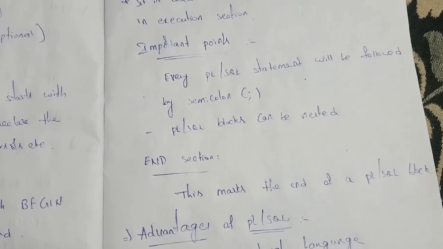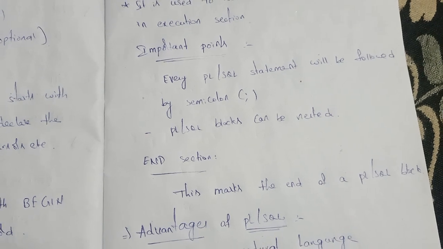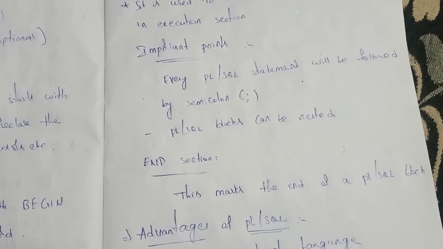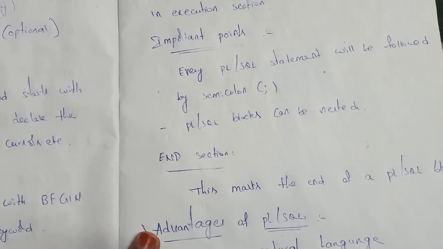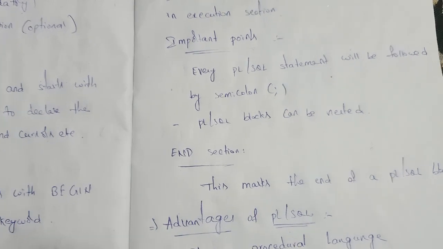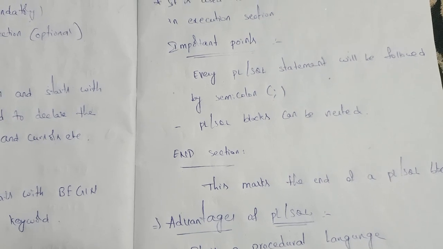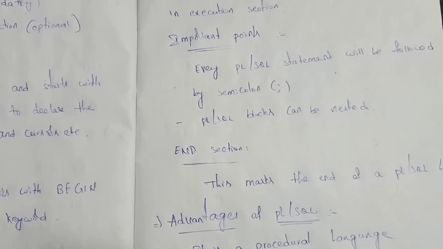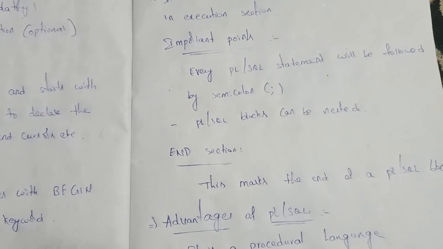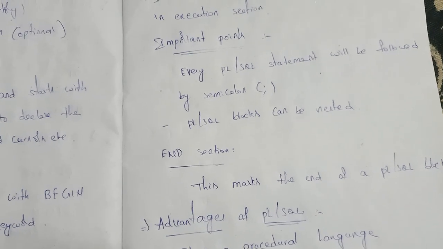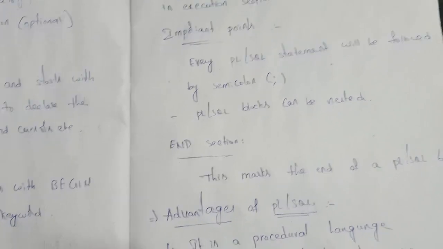So if you know the structure, you are able to write the declaration section, execution section, and exception section. Based on that, you can also easily get 2 marks for advantages, if you know all the points. I will explain how.